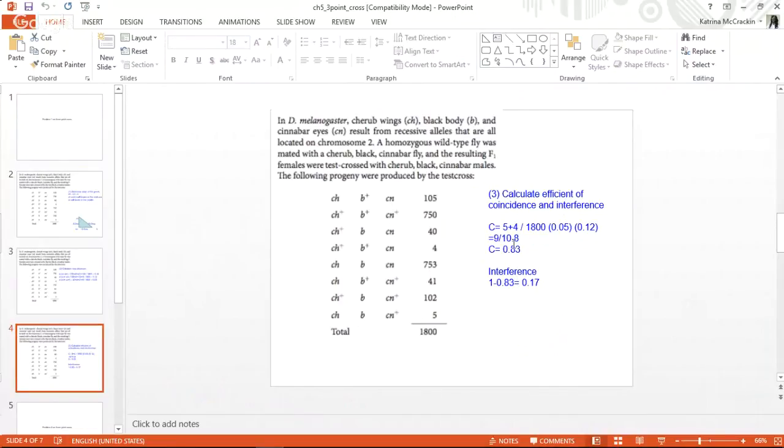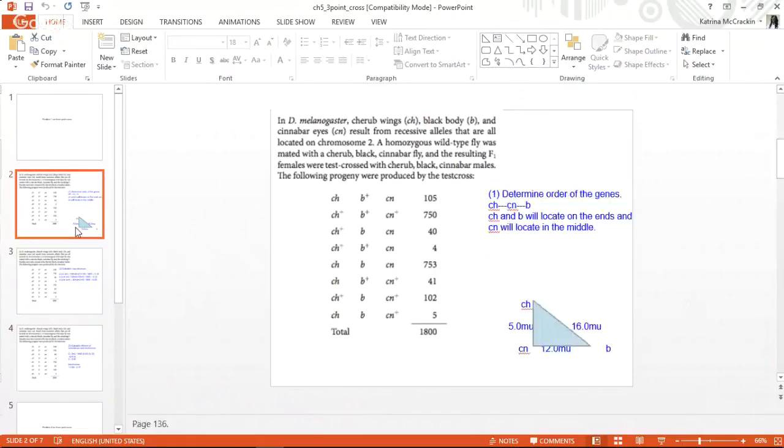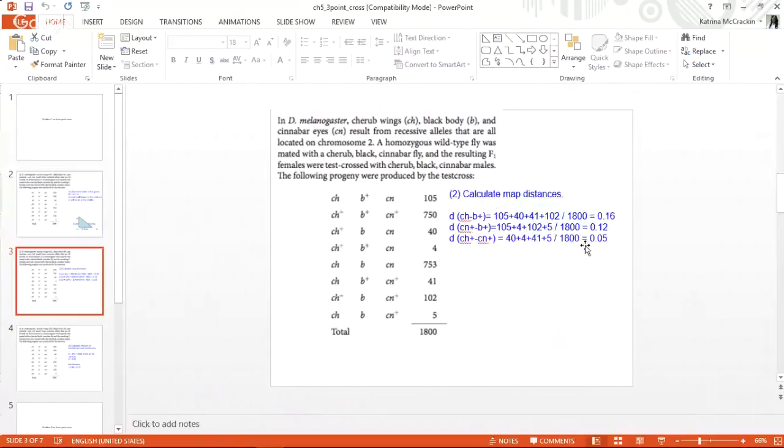Okay. And so to do that, for coincidence, we do our observed over our expected. The observed that I chose were the two smallest numbers, 5 plus 4 over 1800, times 0.05 and 0.12. And then you can see that we got our 0.05 and our 0.12, which was the expected, from the calculations that we did right here, which were also the two smallest numbers that we had.